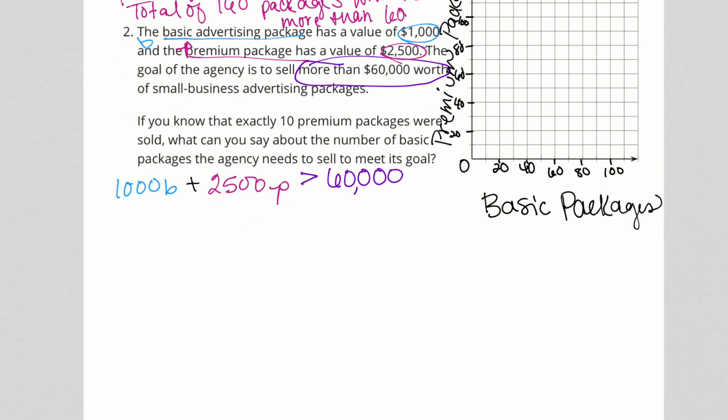All right, do you want to do slope-intercept form or intercepts? You want to do slope this time? Okay, which one do we solve for slope? P, yes, because it is on our y-axis. So how do we solve for P?